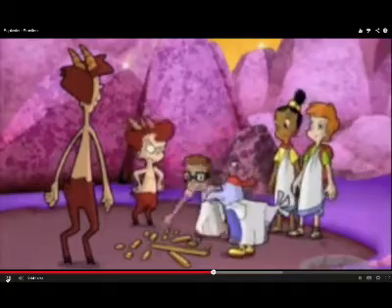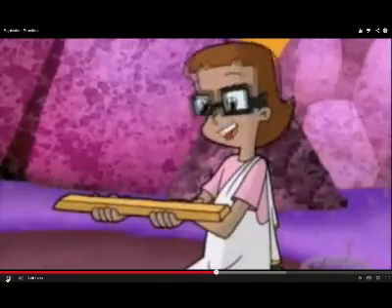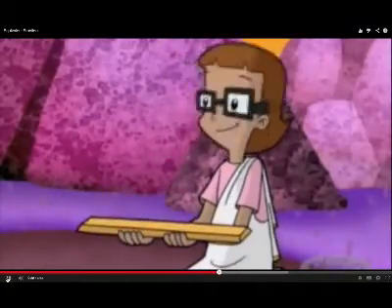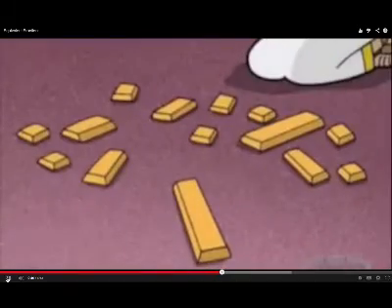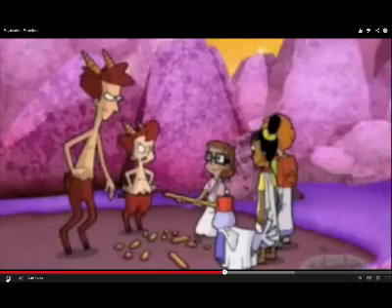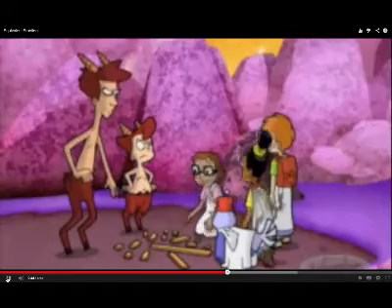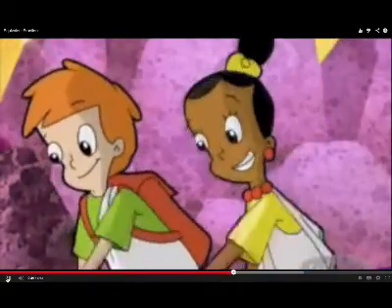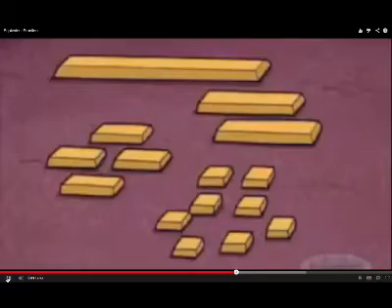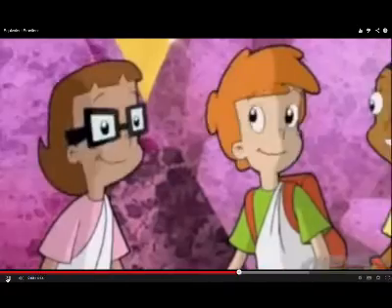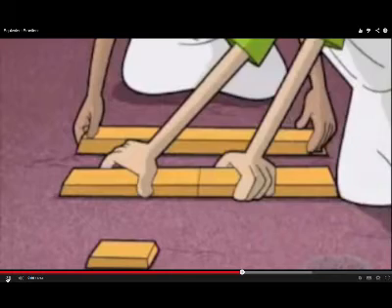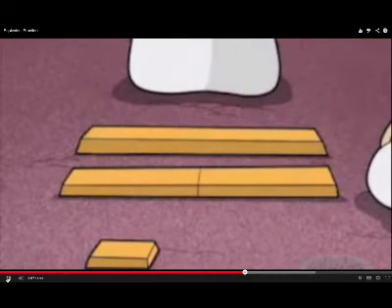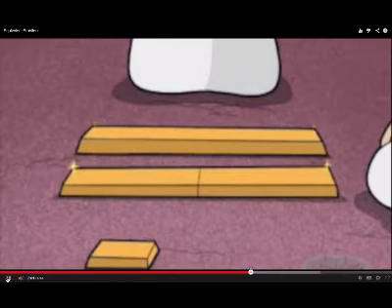Start the sharing. Okay, this one looks like a whole bar of gold. Maybe all these smaller ones are parts of a whole bar. You follow me? Right. Yeah, we knew that. So let's start by separating the different sized pieces. Try putting the bars in rows, largest to smallest. Hey, look at that. 2 of these bars are the same as the one big bar.